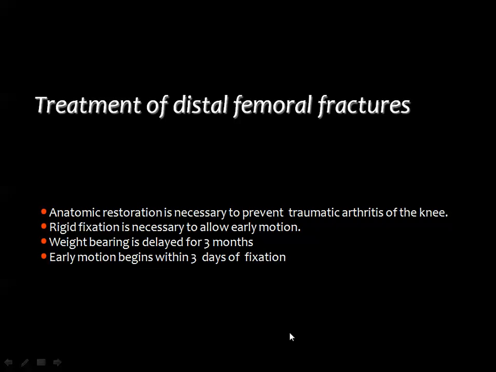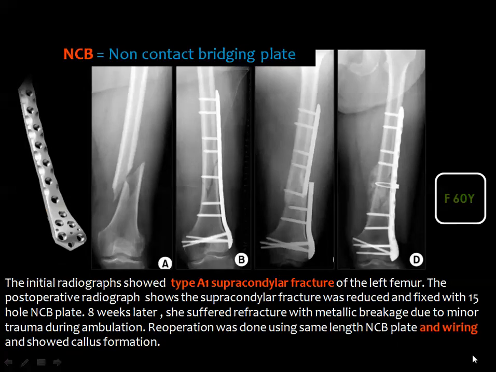Then anatomic restoration of the fracture fragments is mandatory to prevent post-traumatic arthritis, especially in cases where the fracture is reaching the articular surface. Rigid fixation is necessary, and early motion should start within 3 days of the fixation. Weight bearing is usually delayed for about 3 months.